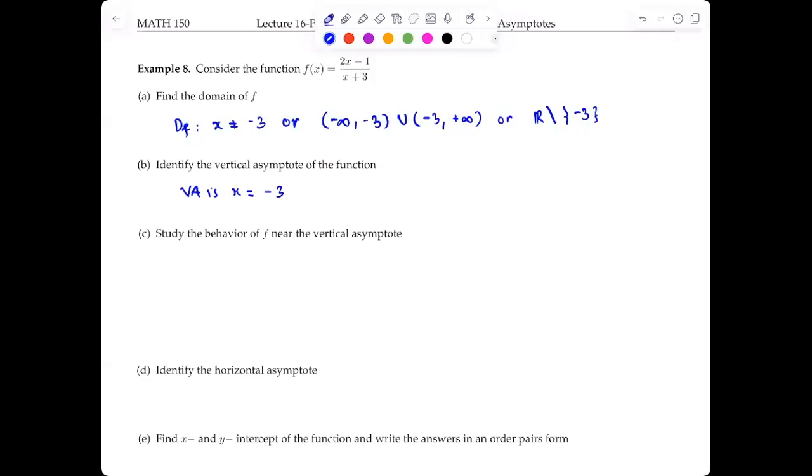Are you going to get a positive number or a negative number? Negative, right? Because whatever negative number you substitute here, a negative minus another negative is going to be negative. So the numerator is always going to be negative.